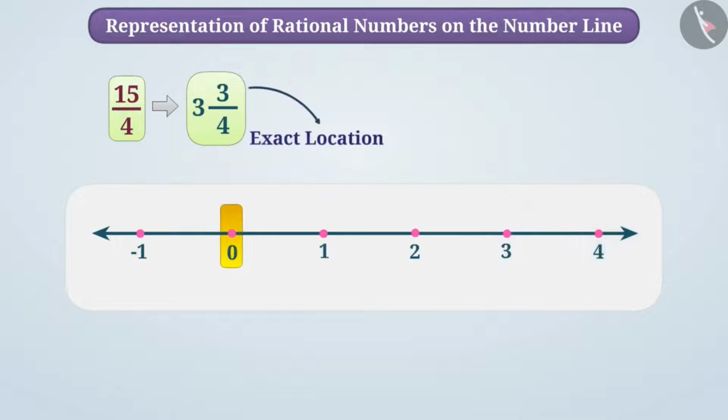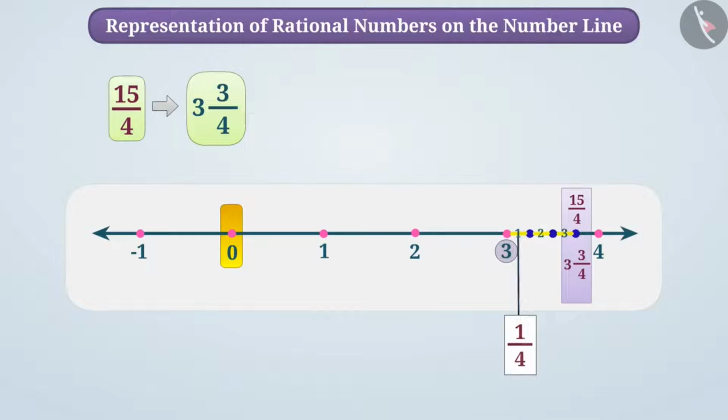To find the exact location, we will divide the unit distance between 3 and 4 into 4 equal parts. Now, we will show the number 3 and 3/4, that is 15/4, by taking 3 whole and 3 parts of 1/4 distance. Now, you will be able to represent any rational number on the number line.